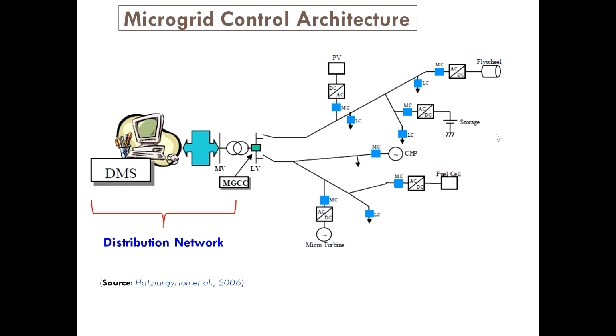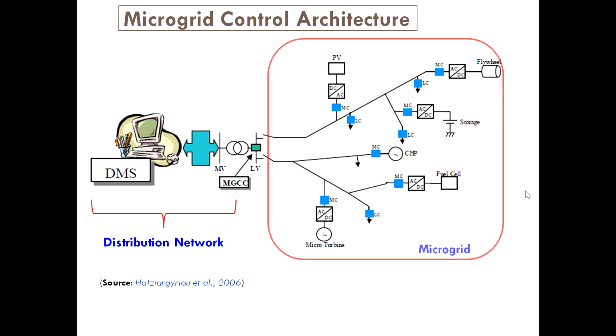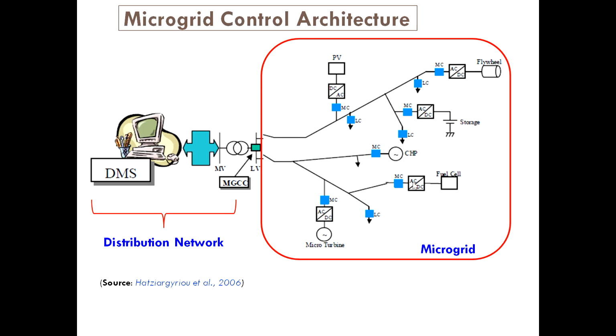Then on this side, we've got the microgrid. As I mentioned in the previous slide, a microgrid is going to have a variety of distributed energy resources. We've got PV here, a micro turbine, a fuel cell, and some energy storage. What is not really brought out in this depiction are the loads, but we do have loads as well.